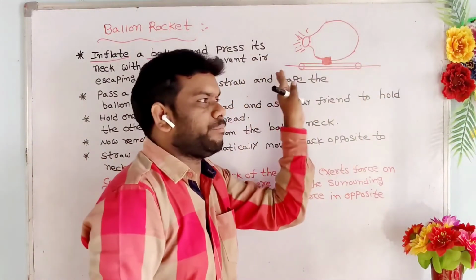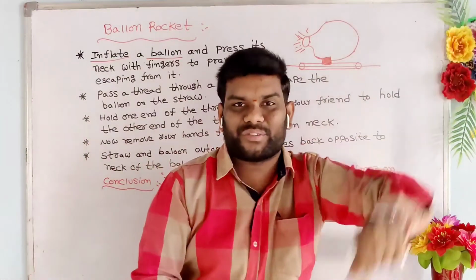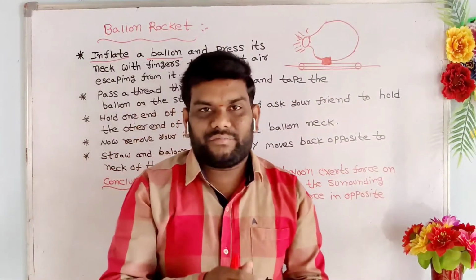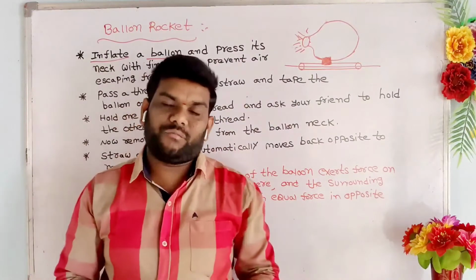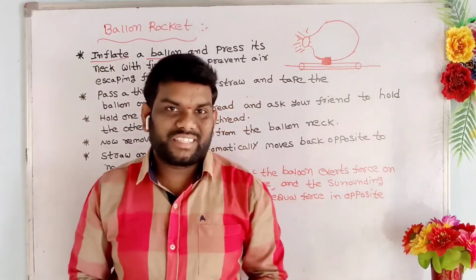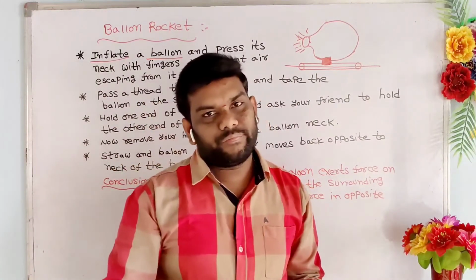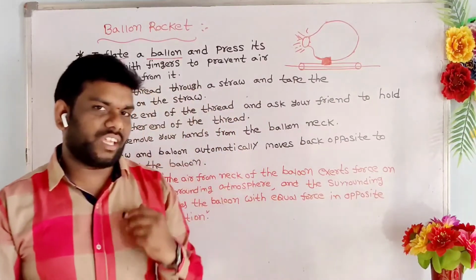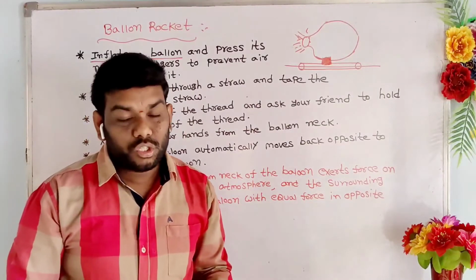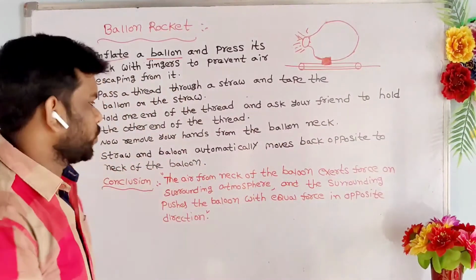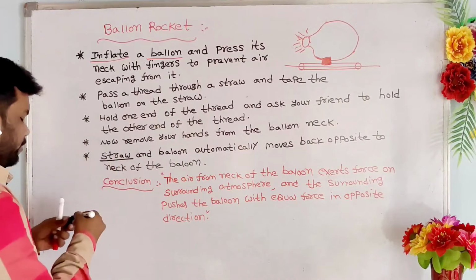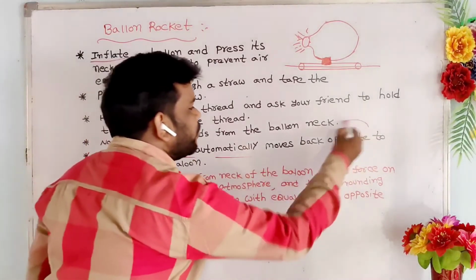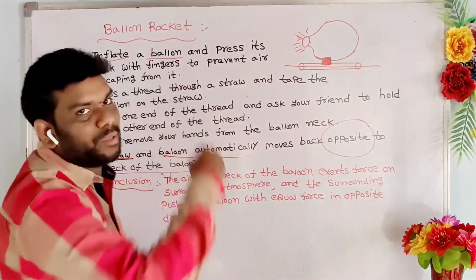Here, pressing its neck with your fingers, then removing your fingers from the neck of the balloon, immediately the balloon flies off in the opposite direction. So the straw and balloon automatically move opposite to the neck of the balloon.